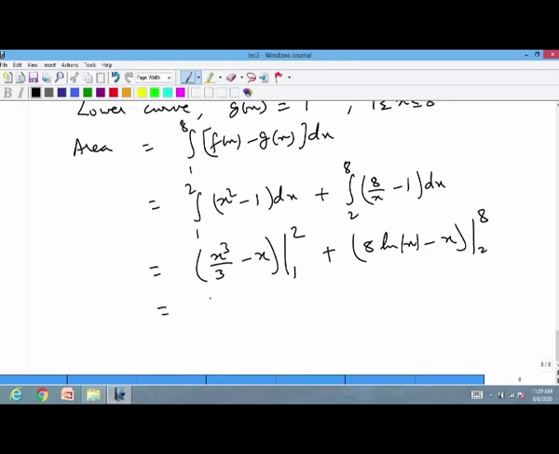This is equal to 8 by 3 minus 2, minus 1 by 3 minus 1, plus 8 log 8 minus 8 minus 8 log 2 minus 2.